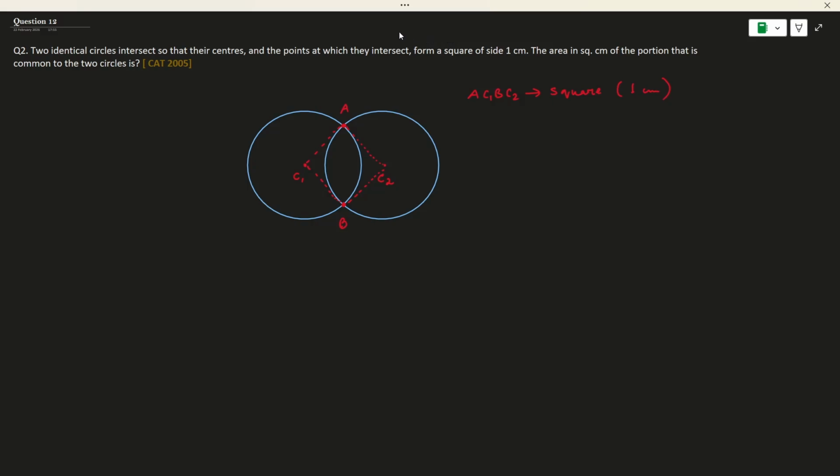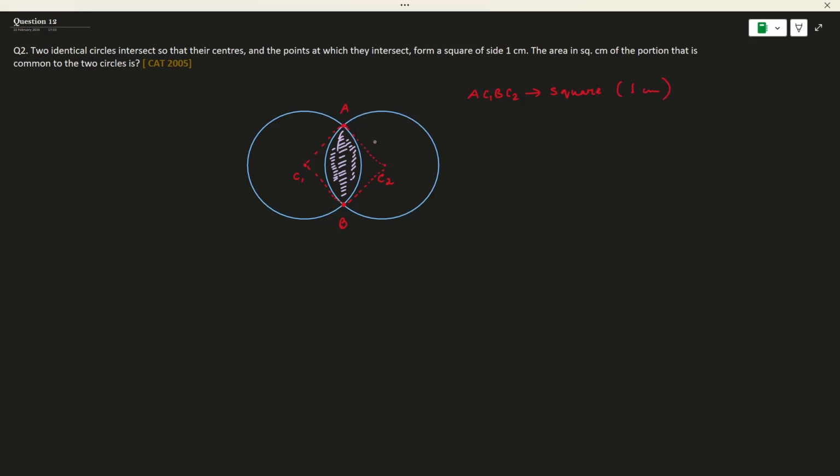Okay, this is the common area. You have to find the area of this part.